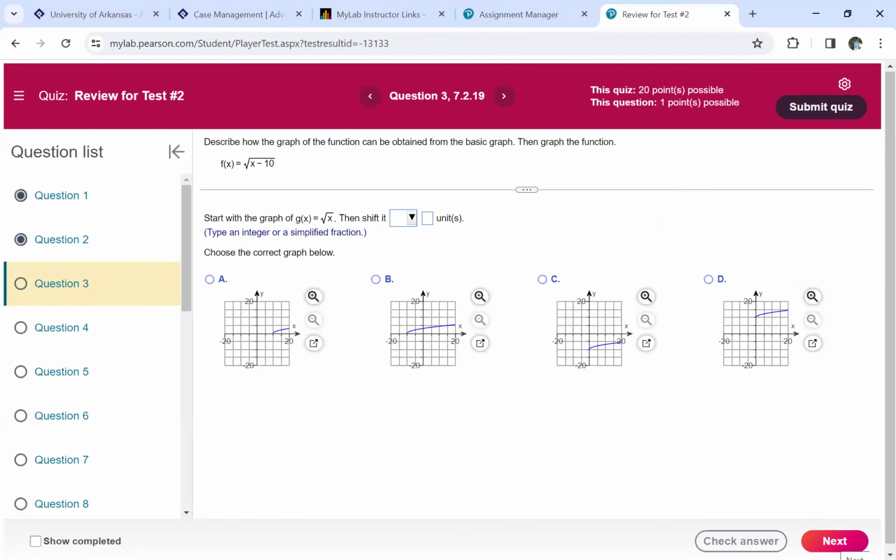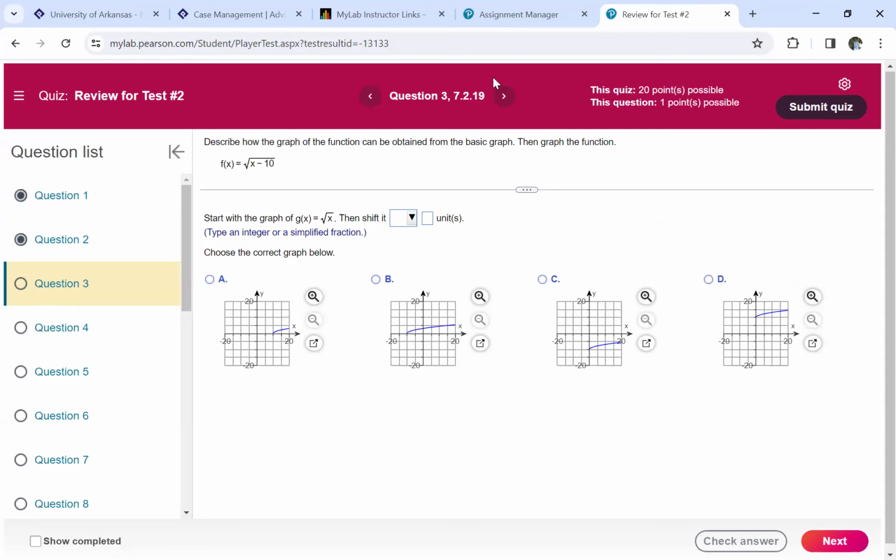Now, y'all, this is the square root graph we got right here. Now, remember, since that -10 is up under that radical, you would treat it like that was inside parentheses, which is going to move me left or right.